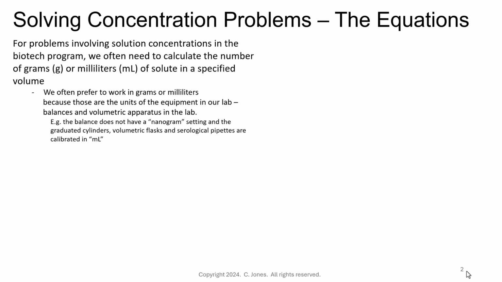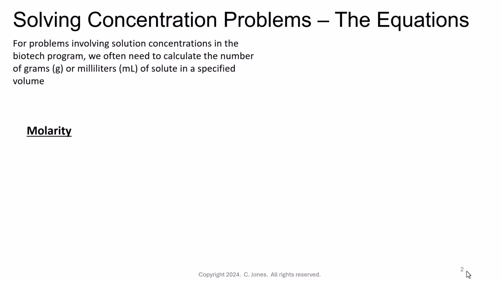Most of the volumetric apparatus is in milliliters, our graduated cylinders, our serological pipettes, and so forth. The balance doesn't have a nanogram setting, at least ours don't. The graduated cylinders, the volumetric flasks, and the serological pipettes are calibrated in milliliters. The only exception to this is the micropipettes, which are usually calibrated in microliters.